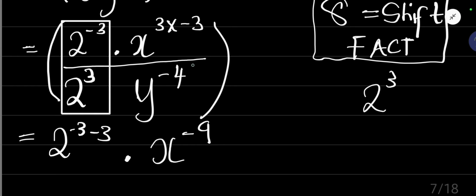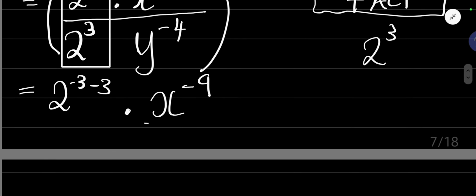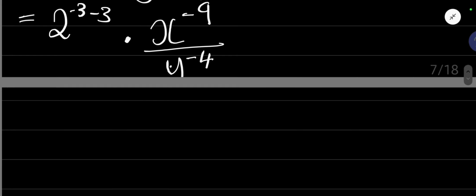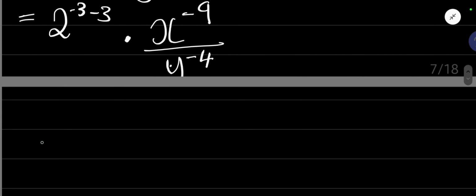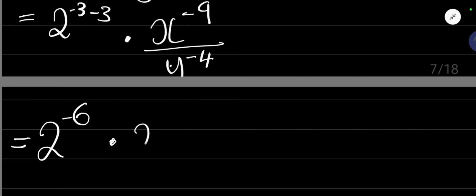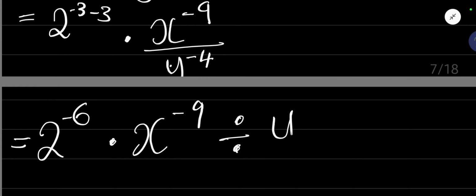Because 3 times minus 3, all divided by y exponent minus 4. Okay, I hope we're still together, guys. And then this one is going to be 2 exponent minus 6, right? Minus 3 and minus 3 will give you minus 6, times x exponent minus 9 divided by y exponent minus 4.